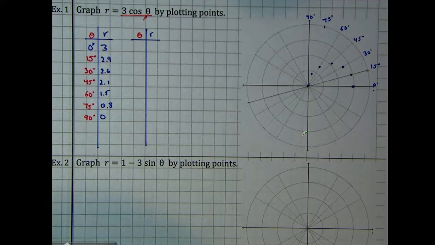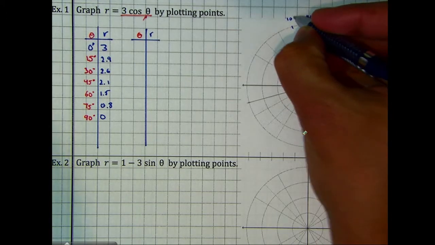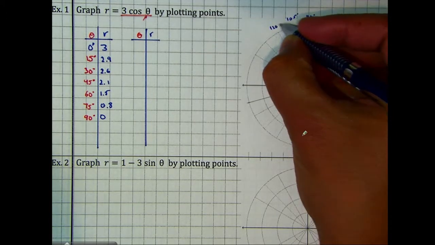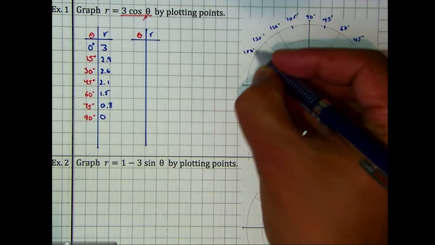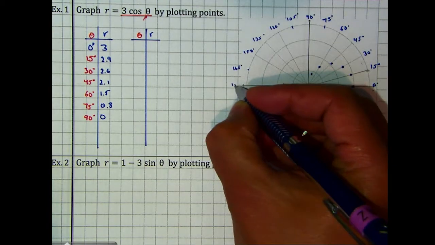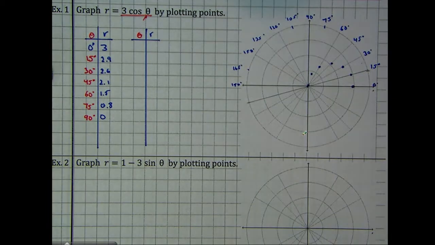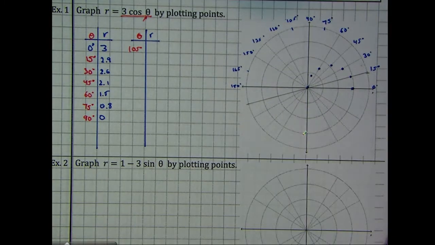Next, I'm going to plot 105, then 120, 135, 150, 165, and 180. So from there, I'm going to continue with 105, and we're just plotting points.